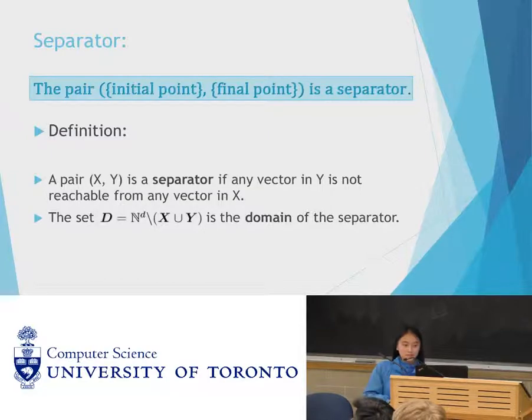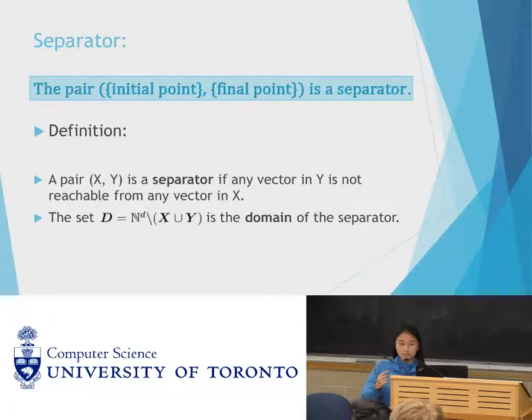Here are some definitions for separator and domain. A pair x, y is a separator if any vector in y is not reachable from any vector in x. Anything outside x and y is in the domain.